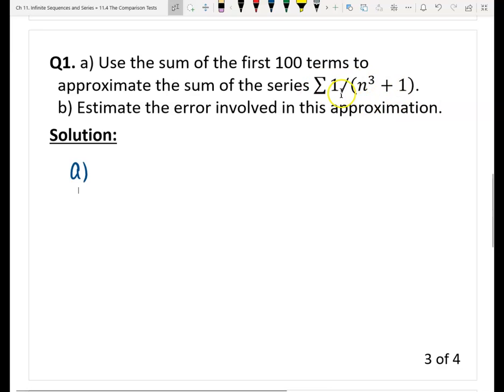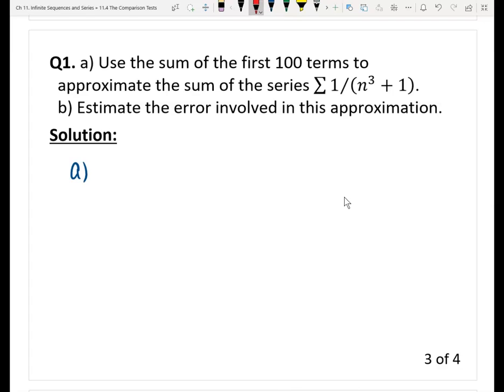Our series is here. To estimate the sum of a series, of course, we have to show this series is convergent. Why? If it is divergent, it is meaningless to estimate the sum, right? So first, let me show it is convergent. This is related to the P series, right? We did this type of question before, so it is easy.